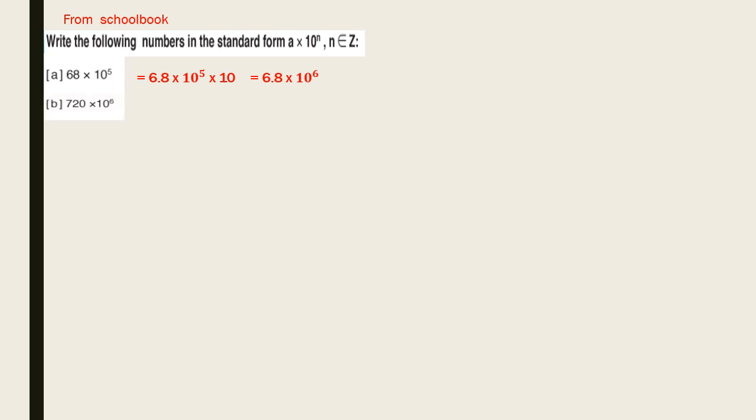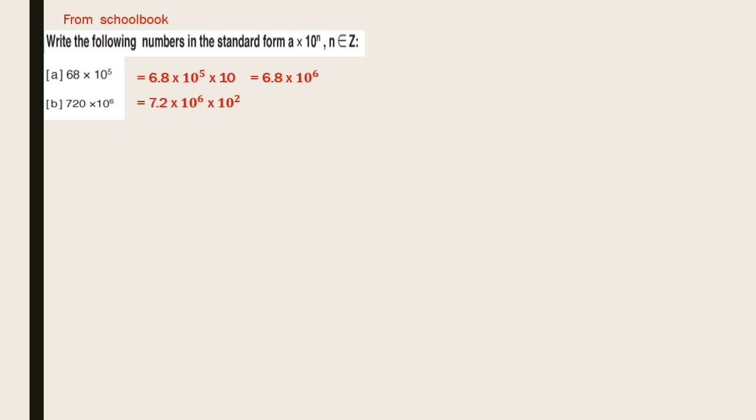Another example, 720 times 10 power 6. 720 must be more than or equal to 1 and less than 10. So you must put a decimal point between 7 and 2. It will be 7.2 times 10 power 6, and here we put a decimal point between 7 and 2.